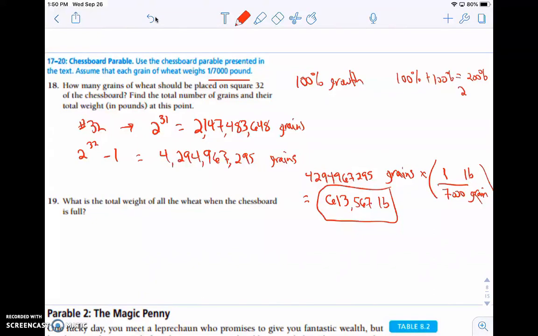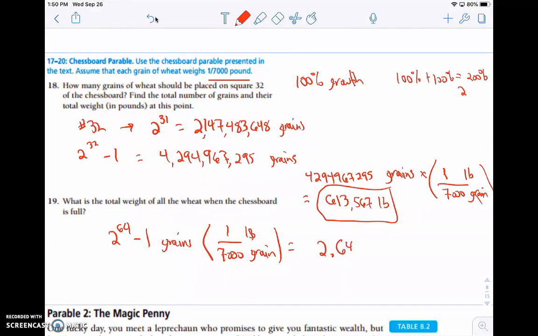Okay, and then what's the total weight of all the wheat when the chessboard is full? So we're going to have 2 to the 64 minus 1 grains. And then again, we're going to multiply that by 1/7,000 pounds per grain. And when I do this out, it's huge.